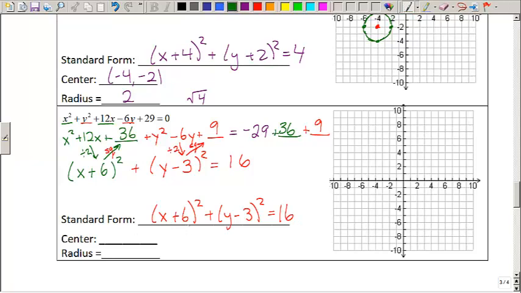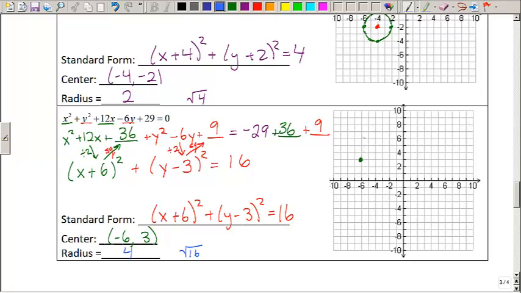My center is the opposite of positive 6, or negative 6, comma, the opposite of negative 3, which is positive 3. I can go ahead and plot those at negative 6 comma positive 3. My radius is the square root of r squared being 16, and the square root of 16 is 4.